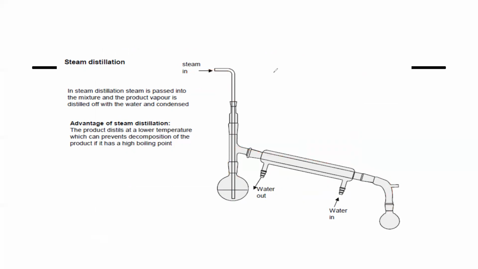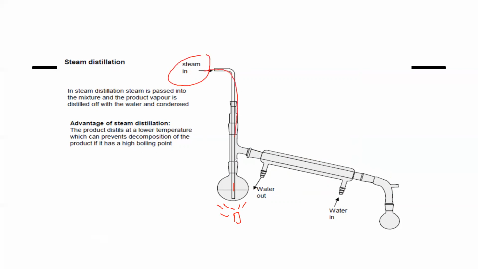What is the purpose of that? Normally we use steam distillation because some substances can decompose on heating. If a substance can decompose on heating, supplying heat energy by a burner or electrical heater is not a good technique. So we use steam distillation.